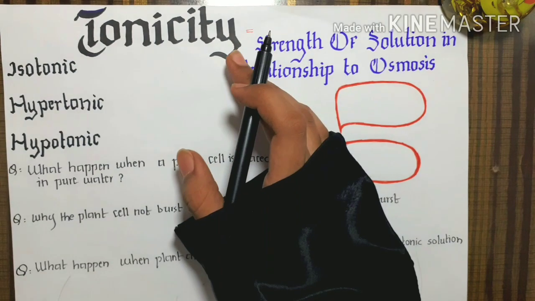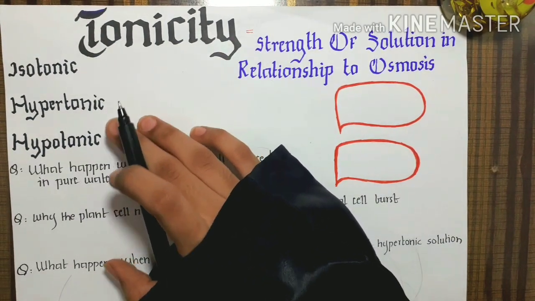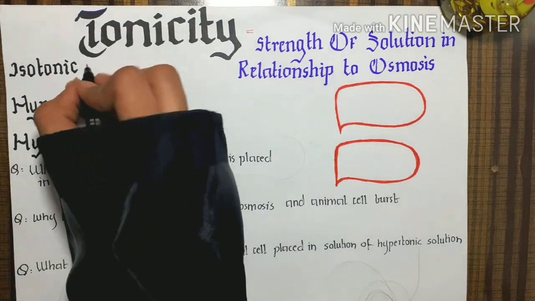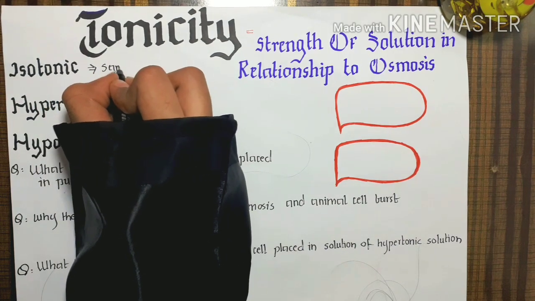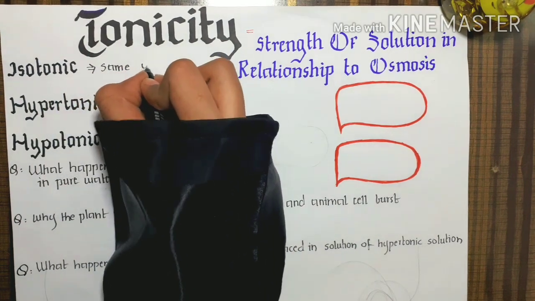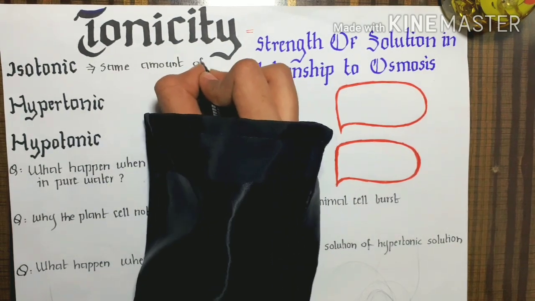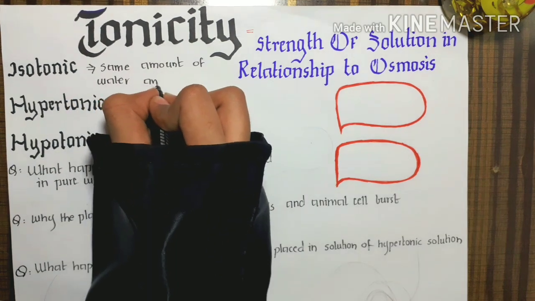In tonicity, we have three main terms: isotonic, hypertonic, and hypotonic. What is isotonic? Iso means same amount of water and solute.